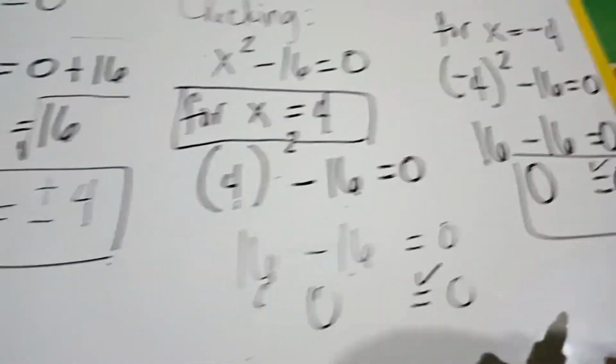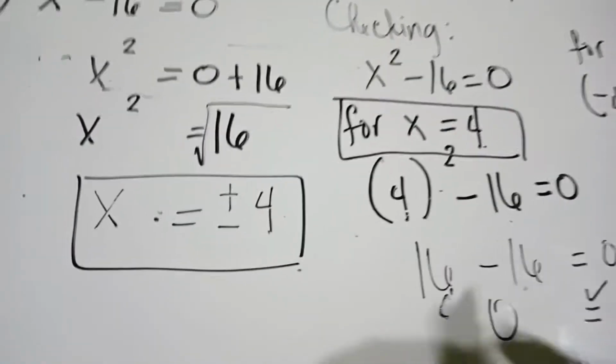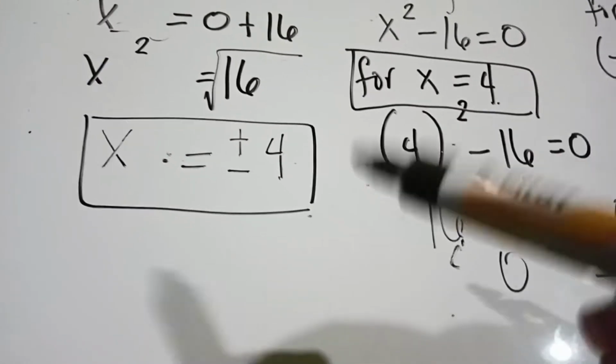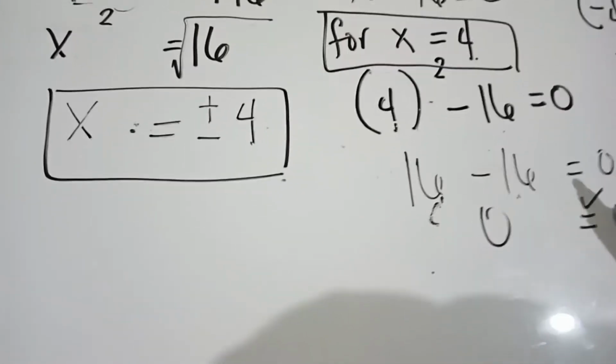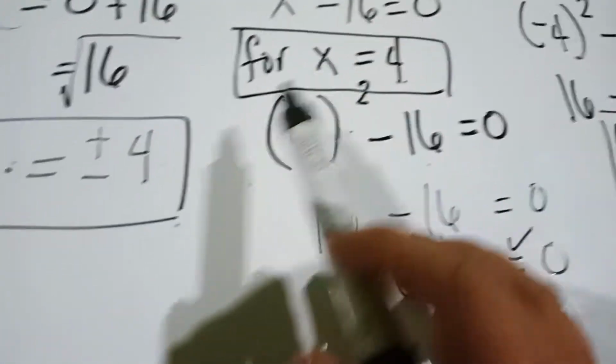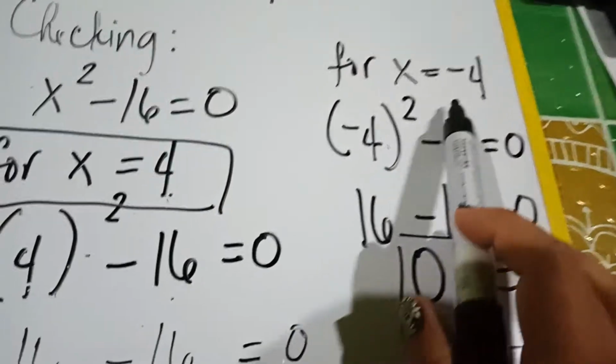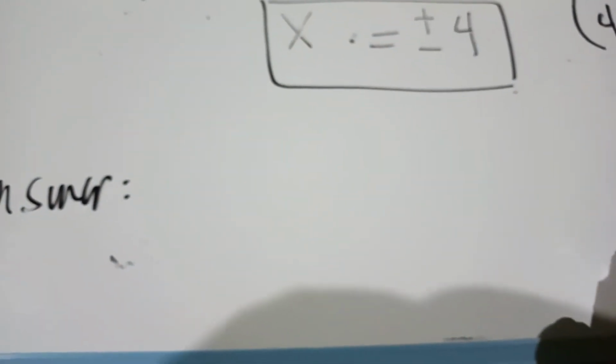So therefore, the given equation x squared minus 16 is equal to 0 is true when x is equal to positive 4 and negative 4. So, ang magiging sagot natin dito, the answer should be, okay, answer.